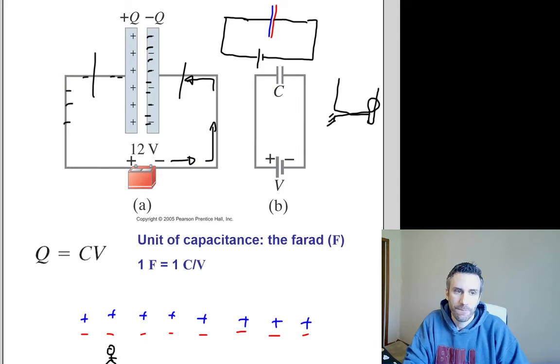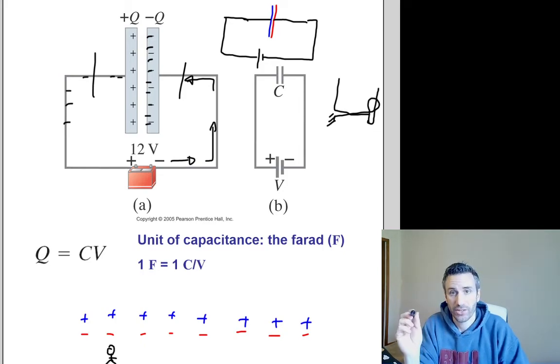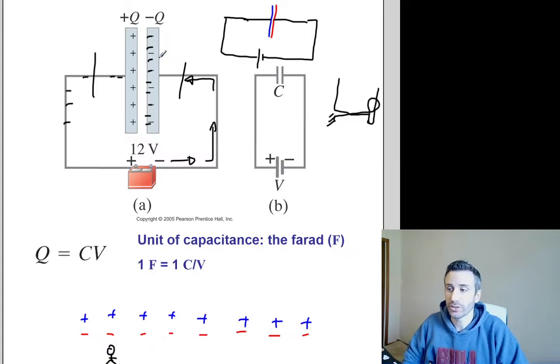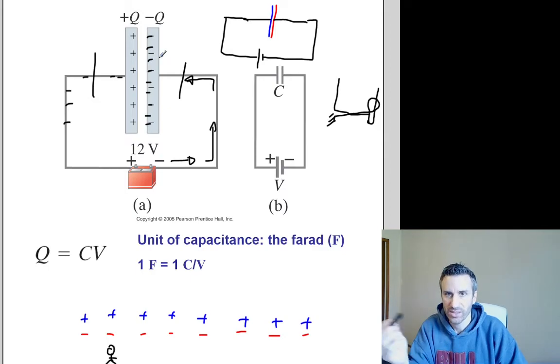As the capacitor charges and gets to full charge, because of the negative and positive plates here, an electric field is produced. So think about this. Let's say it takes 1 second to charge a capacitor. Then, after 1 second, the capacitor is effectively fully charged, and at that point, there's an electric field produced.